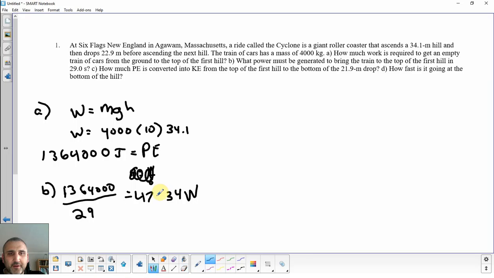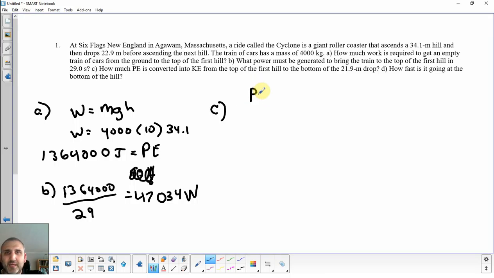Let's try and get my handwriting a little better. 47,034 watts. And then for letter C, how much is converted into kinetic energy from the top of the first hill to the bottom of that 29 meter drop. So now we have a couple of little nuances here.